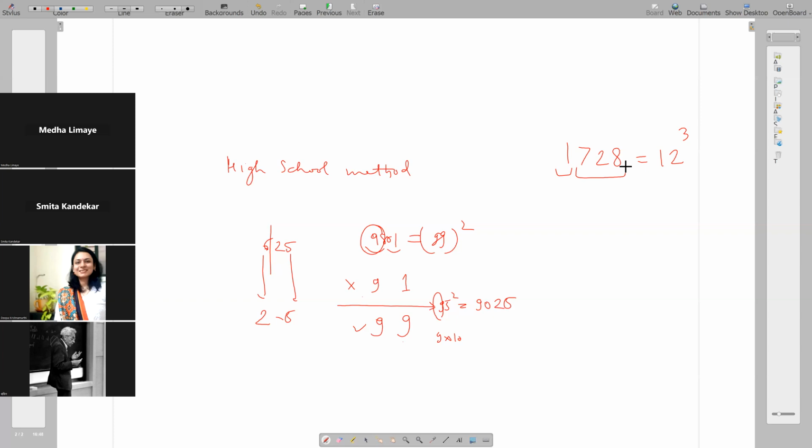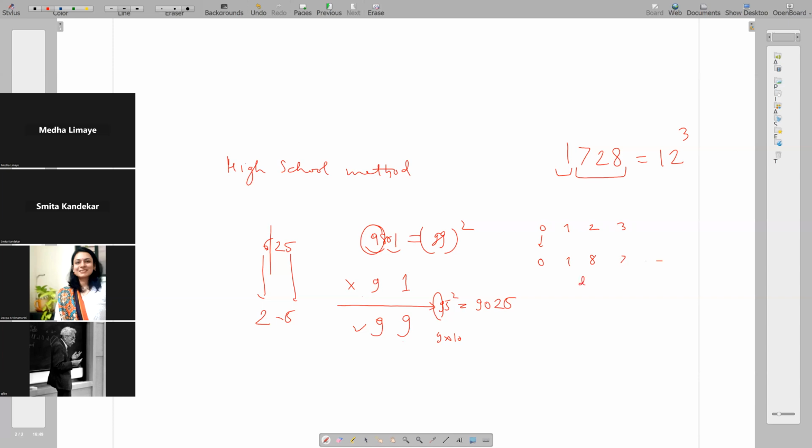For cubes, what happens is 0 cubed is 0, 1 cubed is 1, 2 cubed is 8, 3 cubed is 27, 7 cubed is 343, like that.